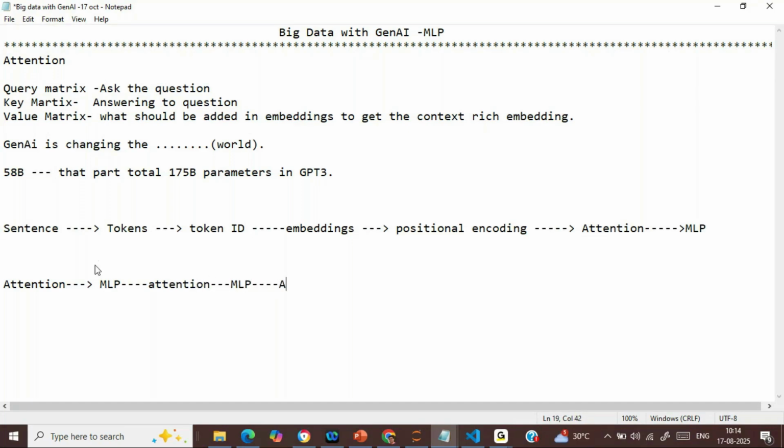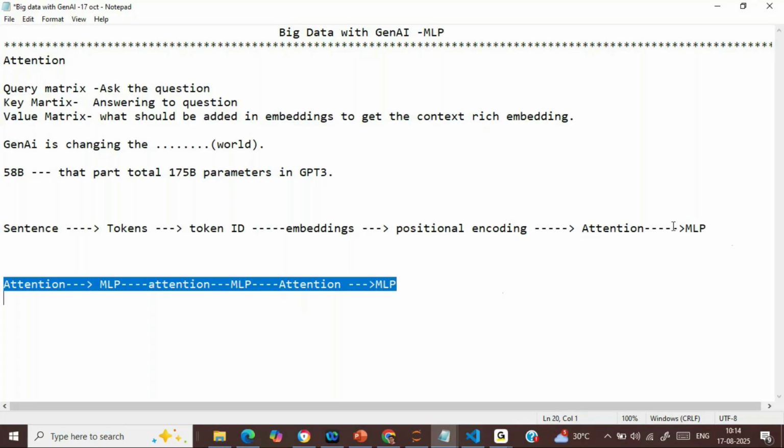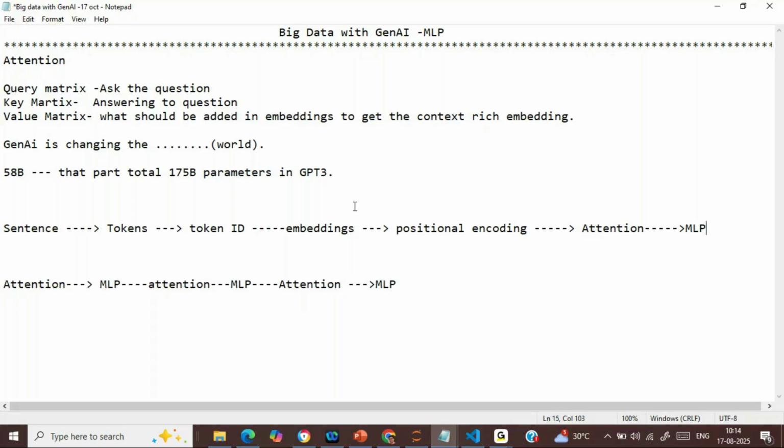So multiple layers will be there, and by passing these tokens through these layers, what we get is the output that has context rich meaning with the knowledge of the outside world.